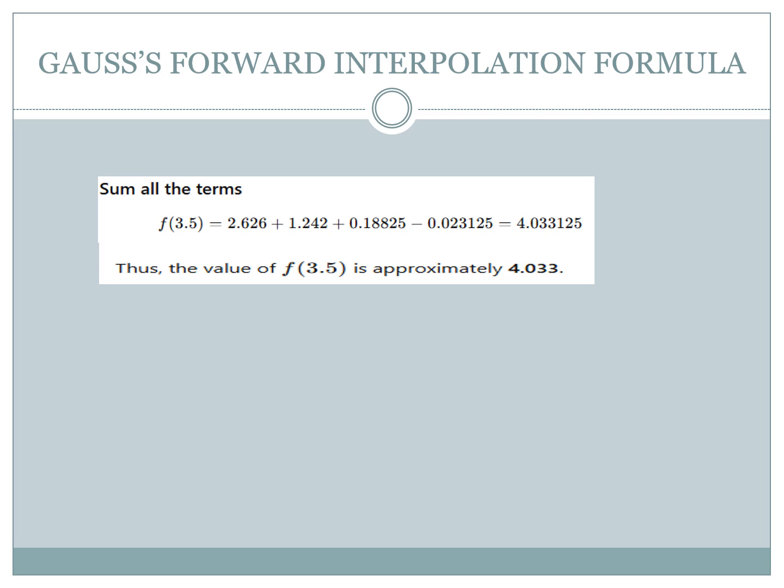Just add all this one, we get 4.033125. So finally the value of f of 3.5, that is f of x, is approximately 4.033. So this is the Gauss forward interpolation. Here we are using the forward interpolation formula.